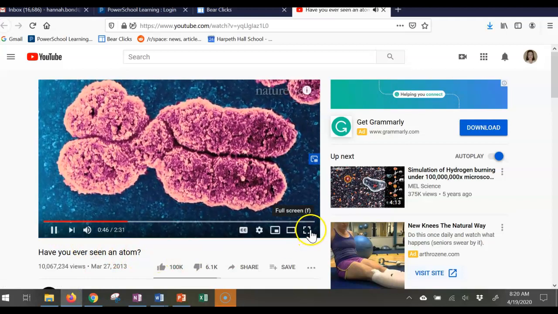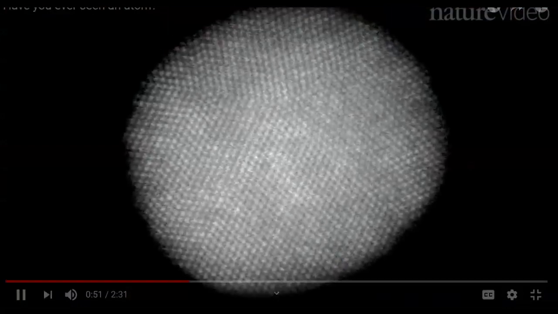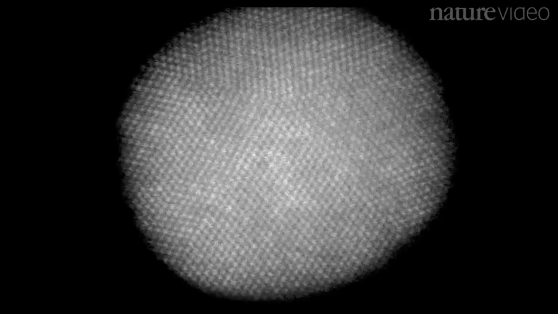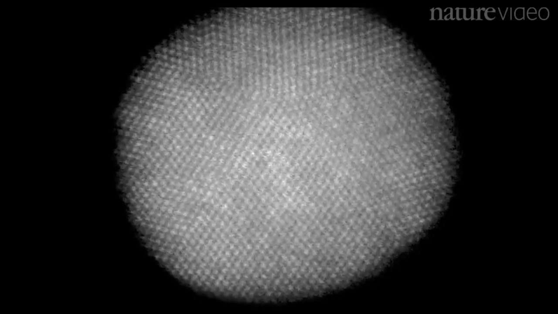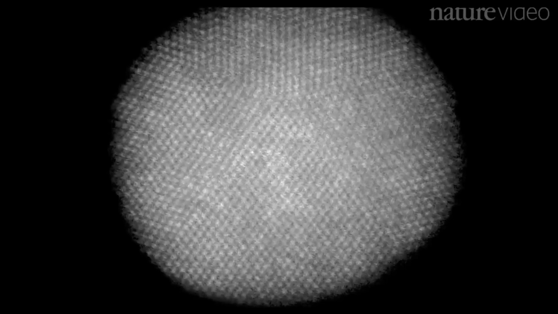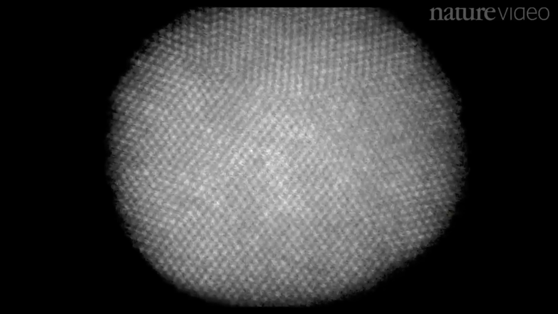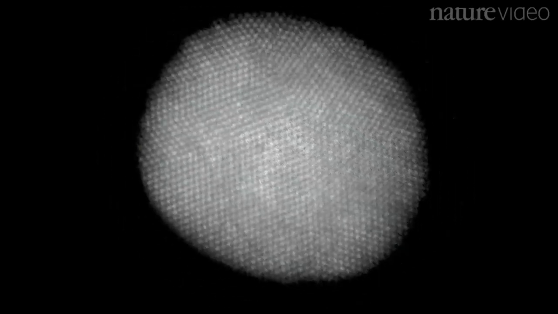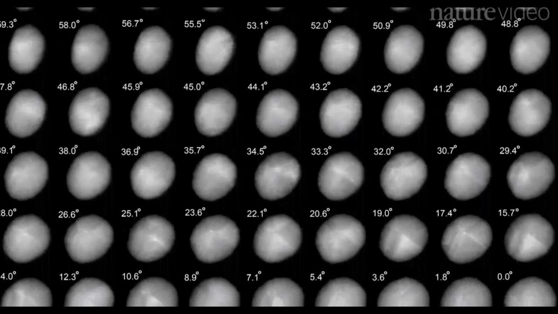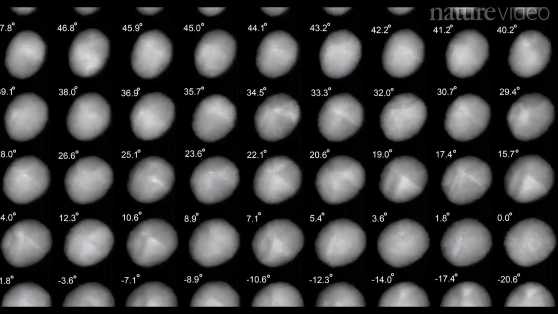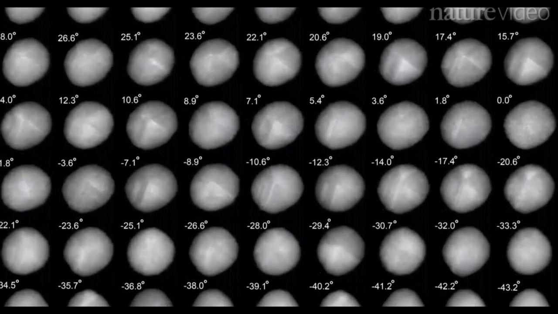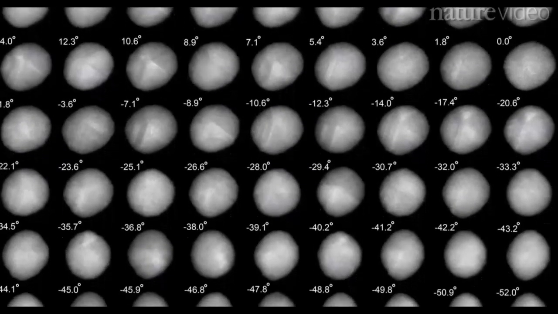Most fundamental scale, the atomic. One group from the University of California in Los Angeles have been getting up close and personal with nanoparticles of platinum, just a few nanometers across. Each of the tiny dots you can see here are actually individual platinum atoms, but researchers didn't stop at a two-dimensional picture. By imaging over 100 slices of the nanoparticle at different angles, then removing the noise with a special filter, they were able to map the location of almost every atom.